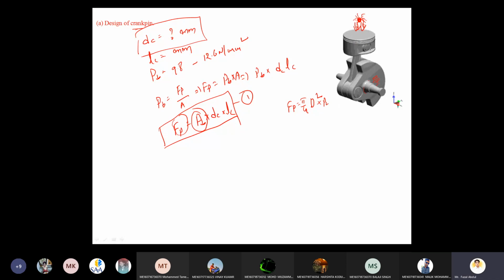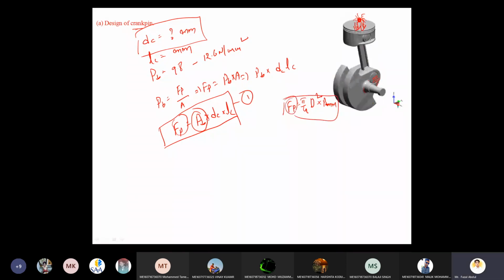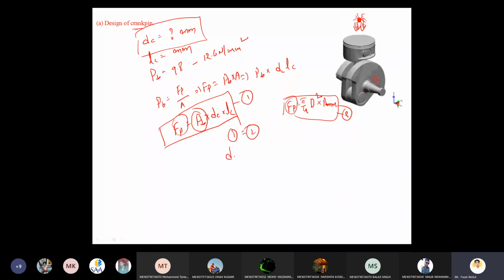So with this equation, Fp is calculated. Now this is the second equation. From equation 1 and equation 2, we'll get the Dc value. And if we know the Dc value, the Lc value we can easily find out.